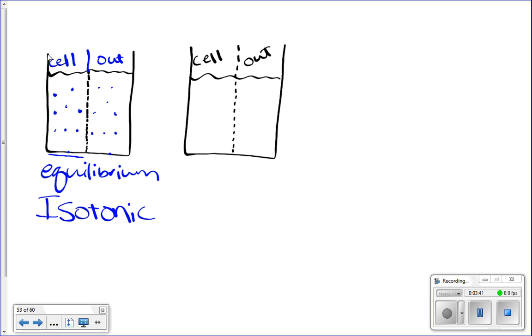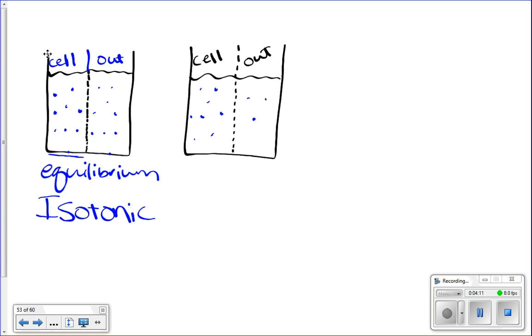Let's say again that you have 8 pieces of salt in the cell, and then you only have 3 outside of the cell. Water wants to be at equilibrium, and so the water is going to move through this membrane, because the water can move through the membrane, but the salt can't.